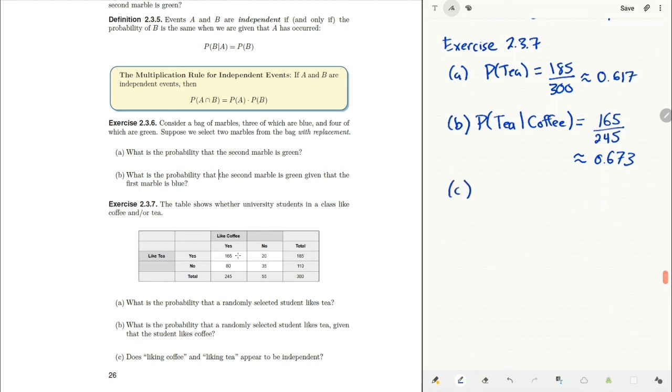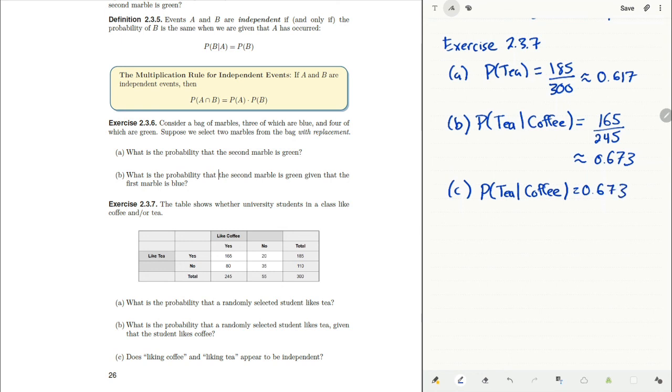And now part C asks, does liking coffee and liking tea appear to be independent? To answer this question, we're going to look at the probabilities that we calculated in part A and part B. If these probabilities are equal, then this tells us that liking coffee and liking tea will be independent. So now let's compare our probabilities. We're given that the probability that a student likes tea, given that they like coffee, was 0.673.